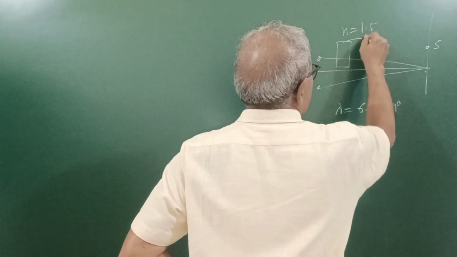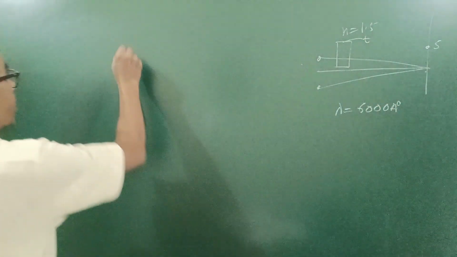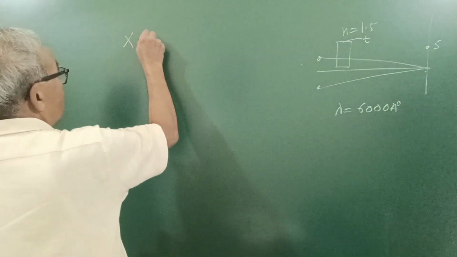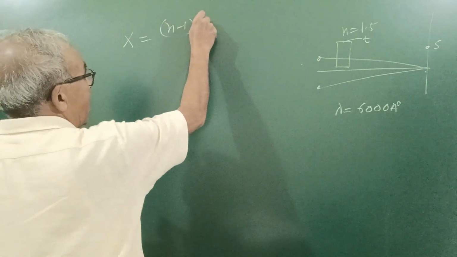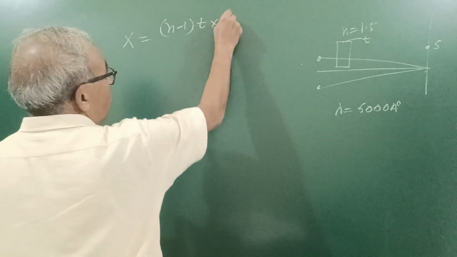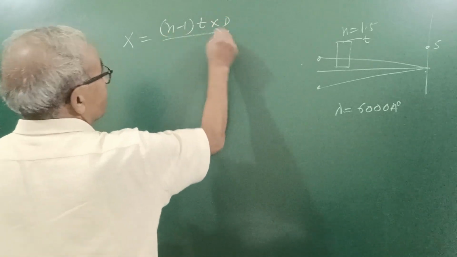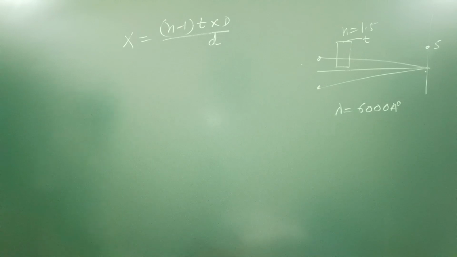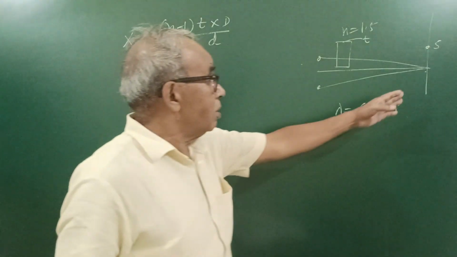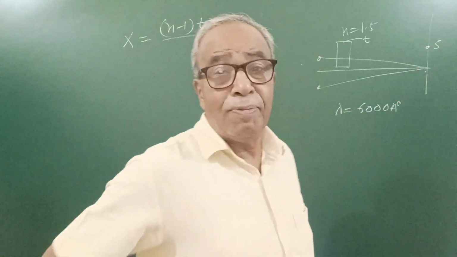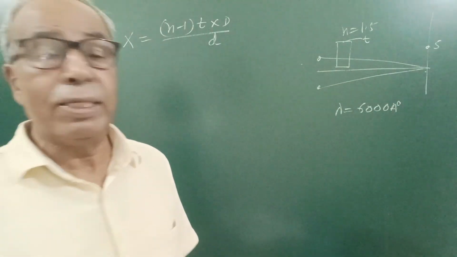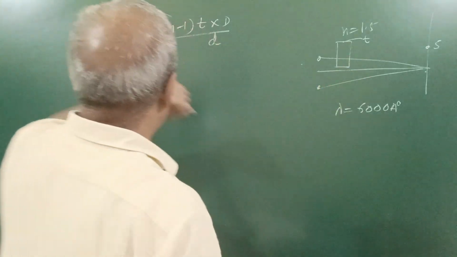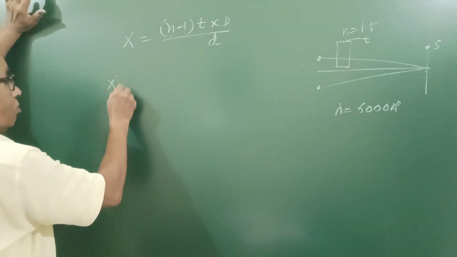What is the thickness? t. So I told you that the shifting of the central bright fringe will be (n minus 1) into t into D upon small d. This was the shifting, and the shift takes place to the position of the fifth bright fringe. When we obtain the fifth bright fringe without the slab, x5 is equal to xn.